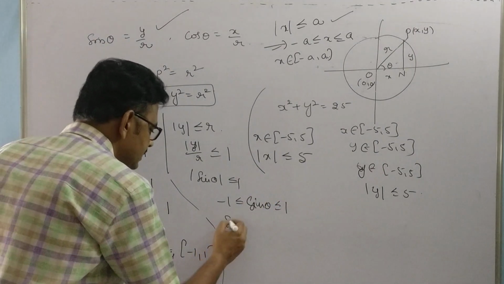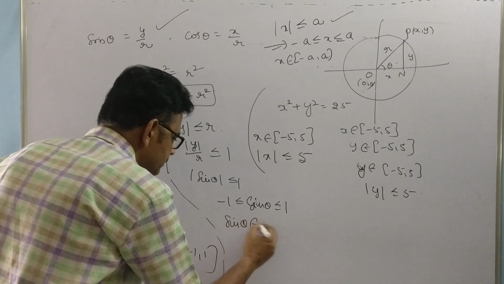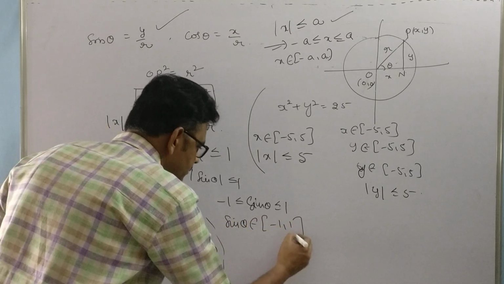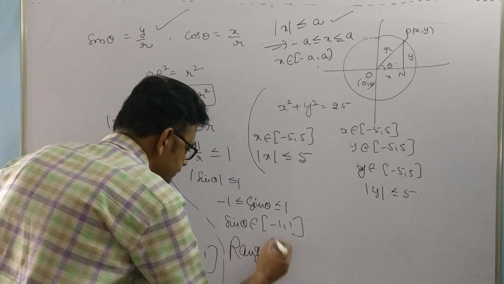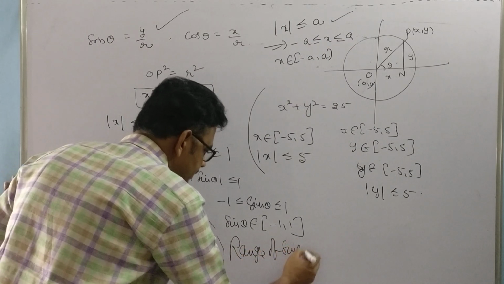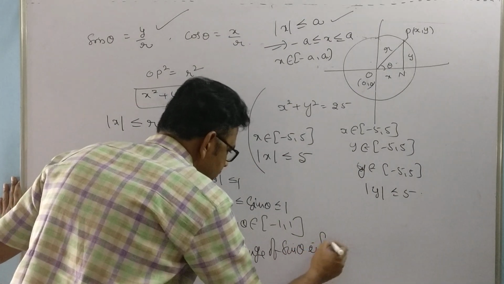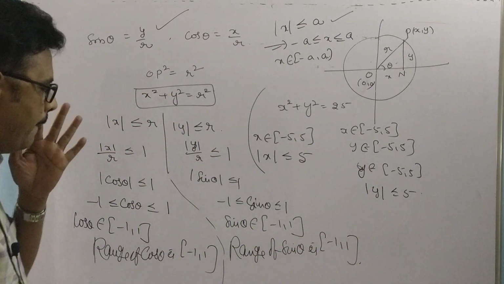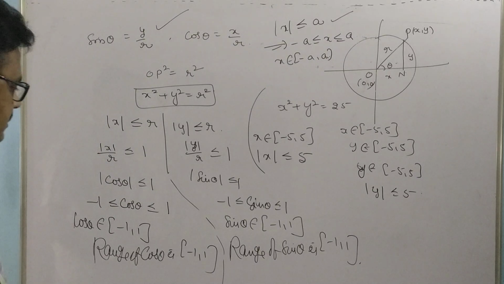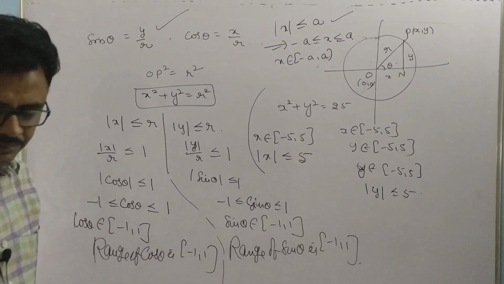Therefore the range of sin theta is also minus 1 to 1. Therefore the range of sin theta is minus 1 comma 1. So that is the range. Okay, write down these points.